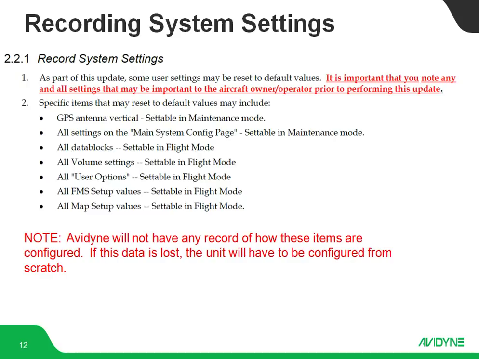The biggest item, and I cannot stress this enough, is to make sure you know what your ARINC 429 and your RS-232 port settings are, and you'll get those in maintenance mode on the config pages, because Avidyne does not have any record of how your aircraft is wired. So we don't know how to even help you set those ports up for whatever is connected on those ports.